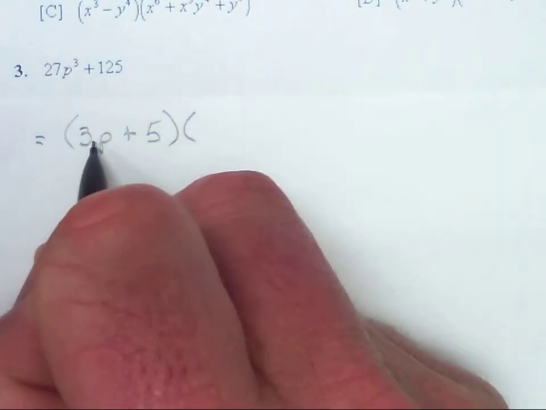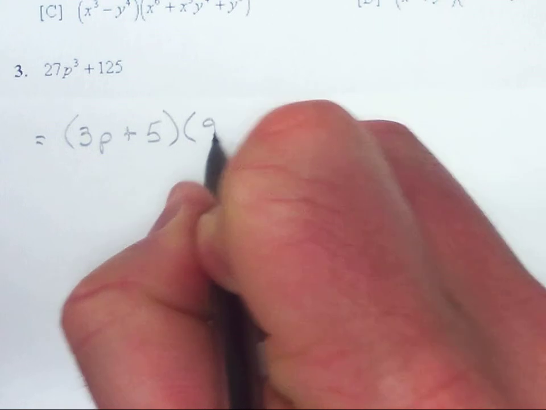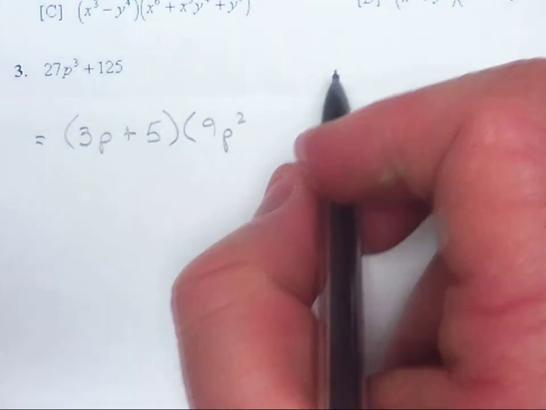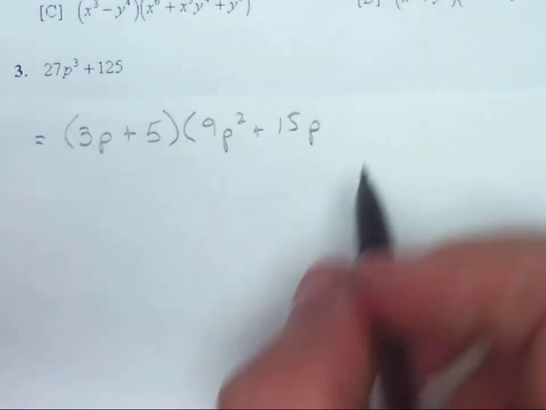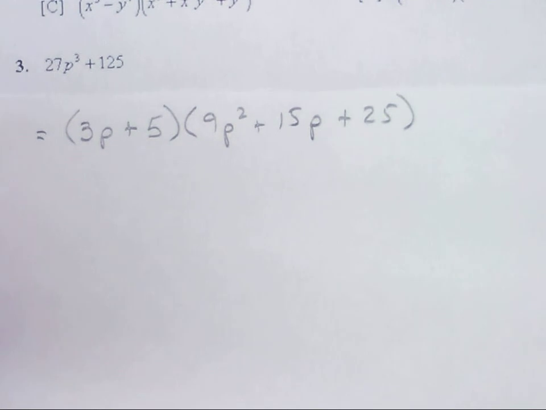Now I'm going to get my second factor by using the terms in the first. So I square the first, 9p squared. Multiply the two terms together, plus 15p, and square the last, plus 25. And that's how you factor the sum or difference of two cubes.